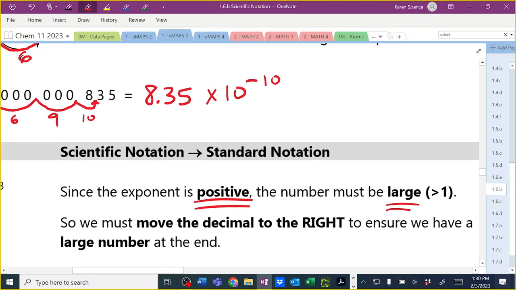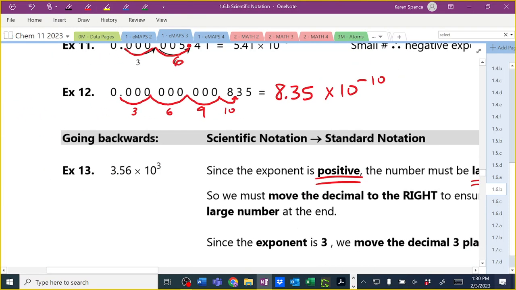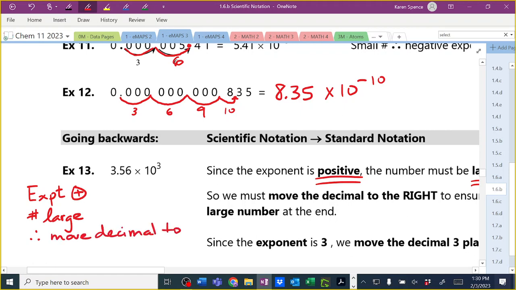So when you move your decimal, you must move the decimal to make the number larger. So the exponent is positive, therefore the number is large. Therefore, we move the decimal to make the number larger.